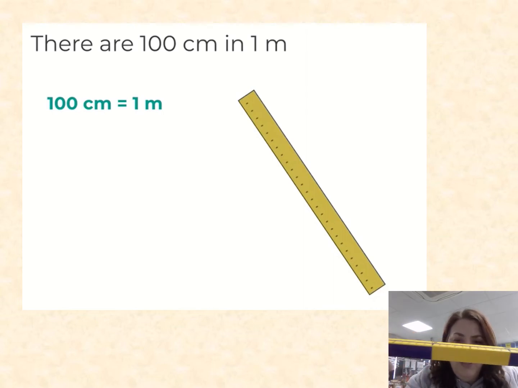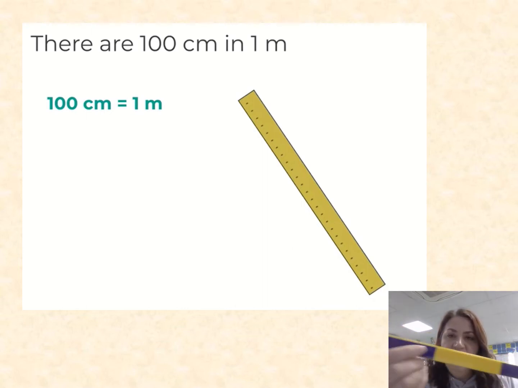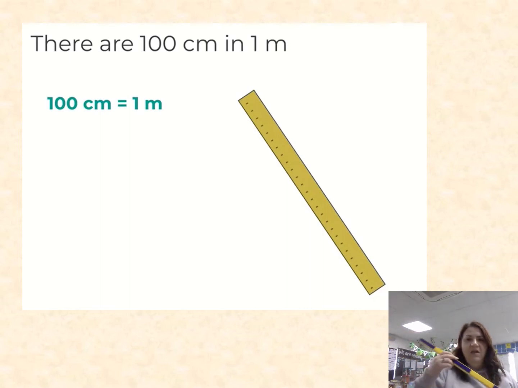And if you think about that in terms of our number line like this, each coloured block is worth 10 centimetres. Can you see? There's 20, the end of the colour block, 30, the end of the colour block, 40. Okay, so here we can see that in 1 metre there are how many centimetres?